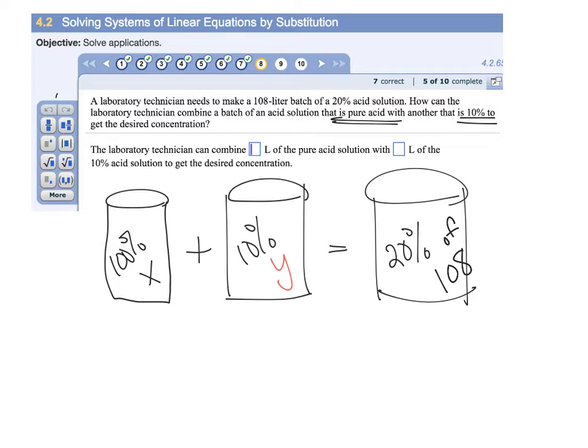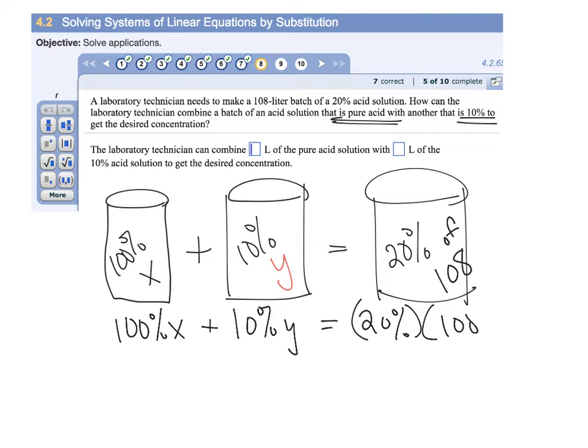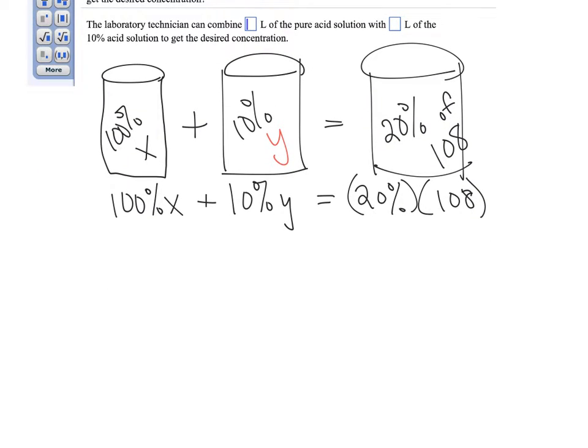All right, so what does that equation end up being? So this equation ends up being 100% times X plus 10% times Y is equal to 20% times 108. All right, that's kind of the formula, but we don't like percents. We're going to turn 100% into 1. And we're going to turn 10% into 0.1.